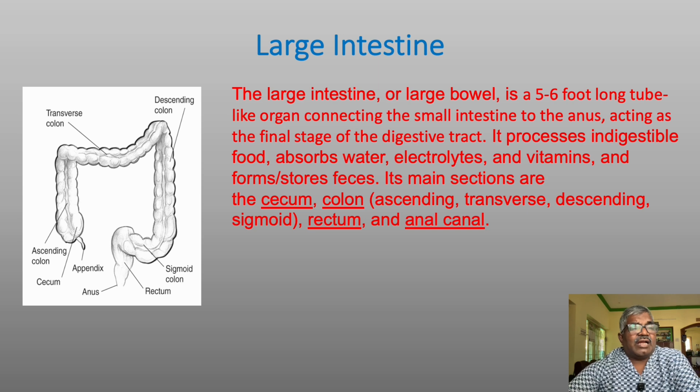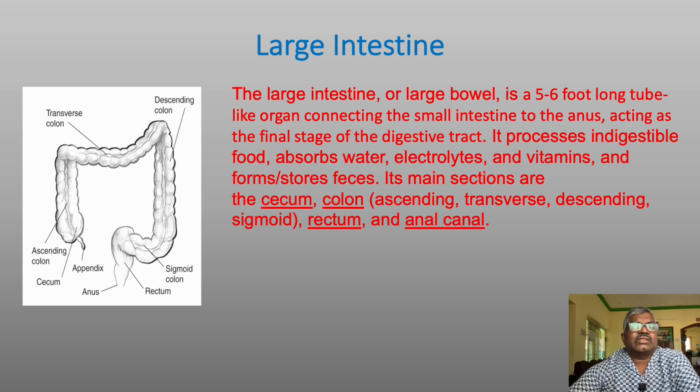The large intestine starts from the cecum. That means the small intestine becomes the large intestine. There is an ascending colon, a transverse colon, and a descending colon. The whole large intestine is known as the colon. After that there is the rectum and lastly the anus.